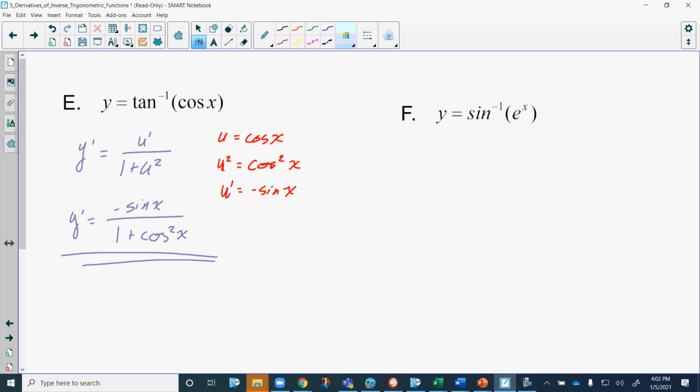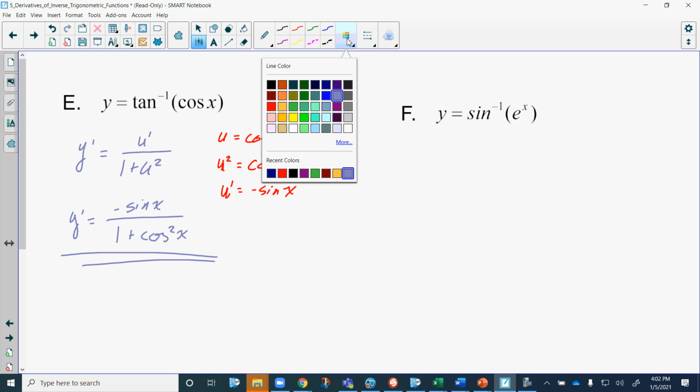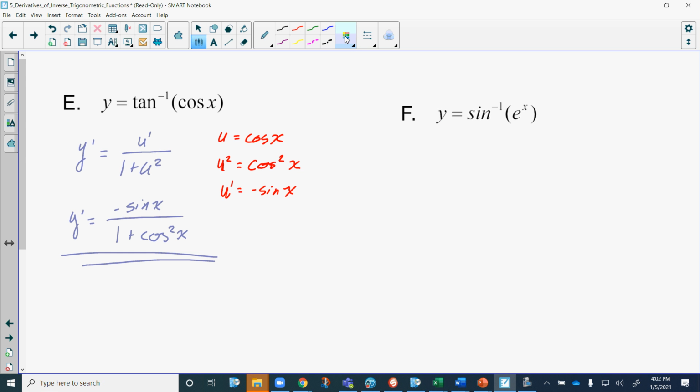And the last one, again, it may look off-putting at first, but I don't think it is really going to be that much of a headache for you guys. So again, we're using the rule for sine inverse, which is the derivative of u over the square root of 1 minus u squared.